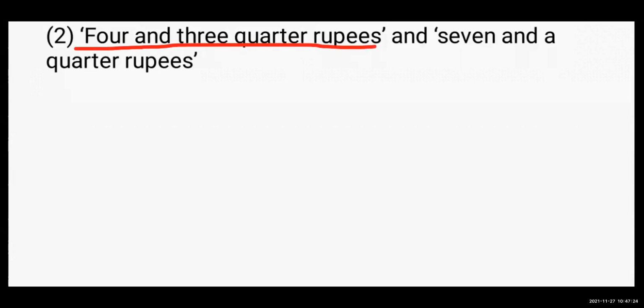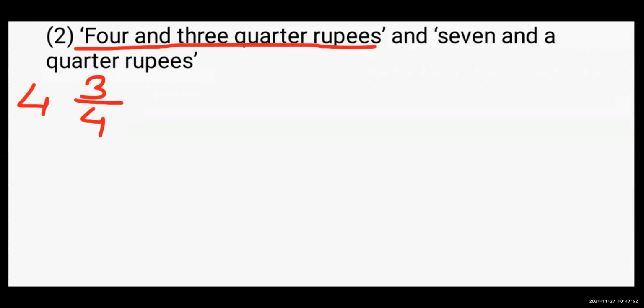Now 4 means 4. It is written 3/4, not quarter. See what I am doing? Just listen properly. Don't roam here and there. Sit, take a proper place and see what I am doing here.